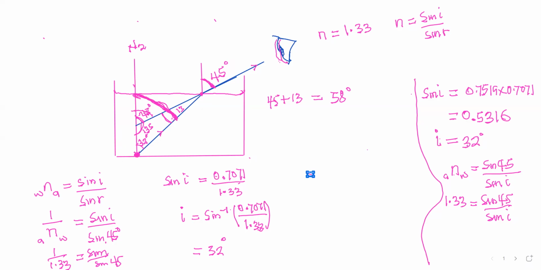Then about the second question. The second question, I was a bit surprised. A lot of you were not attentive, because look at the question where you are given the angle of incidence and angle of deviation.